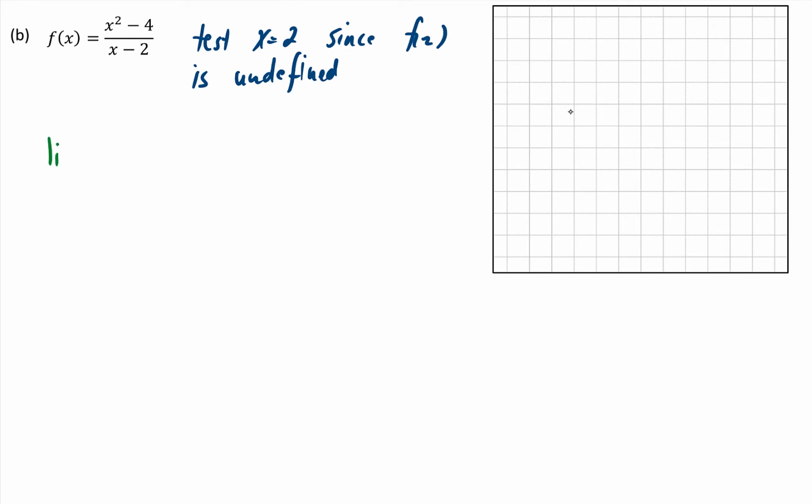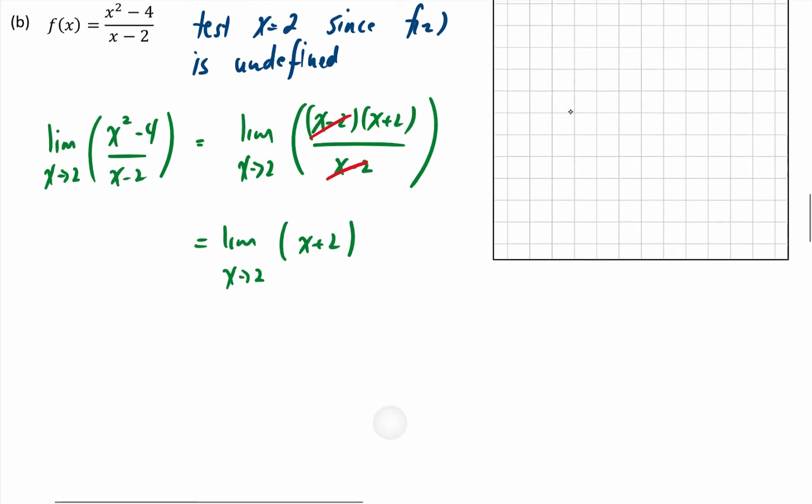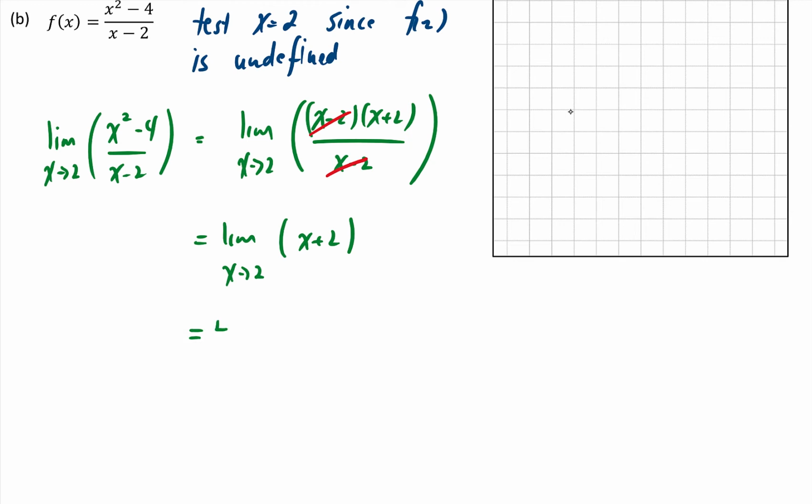We're going to check the limit as x goes to 2 for this function f of x. So for this one, we're going to factor and see what happens. You see we can cancel out the common factor, and we're left with the limit as x approaches 2 of x plus 2. Using direct substitution, it tells us we have a limit and it's equal to 4.